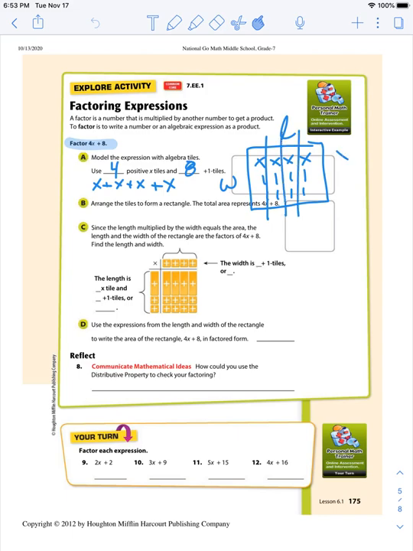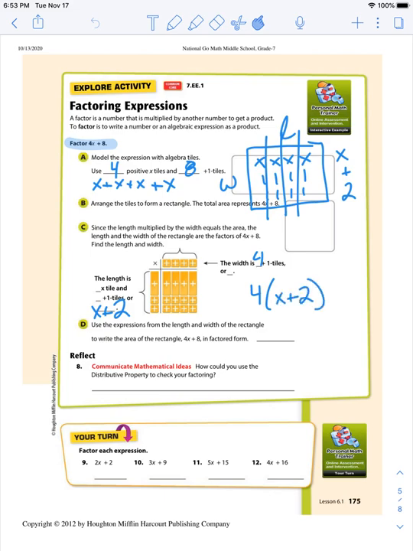Each row is the same. It has x plus 2, 1 x tile plus 2 1 tiles. So the area of this rectangle can be represented as 4 times x plus 2. So when we factor it, we're going to factor out 4 times x plus 2.